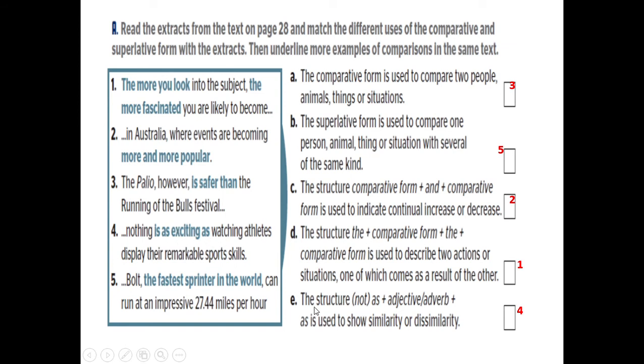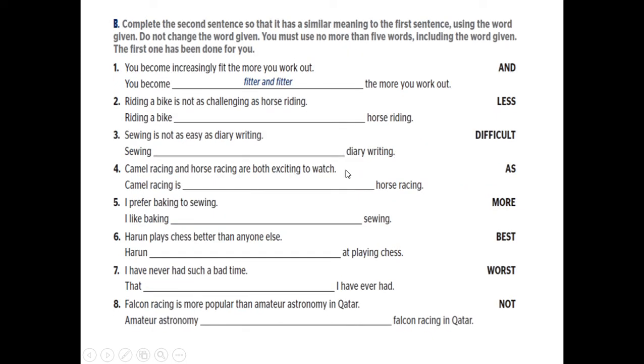The structure as between the adjective, or not as adjective as, is used to show similarity or even dissimilarity. Number 5, the fastest sprinter in the world. Here the superlative form is used to compare one person, animal, thing, or situation with several of the same kind.